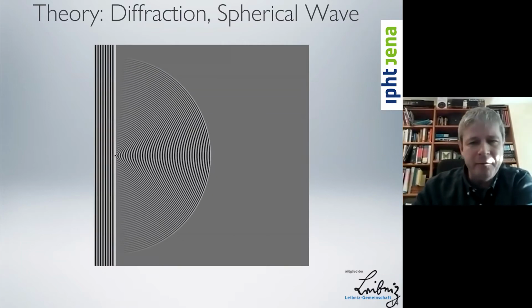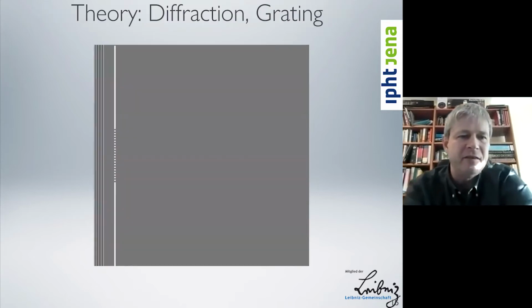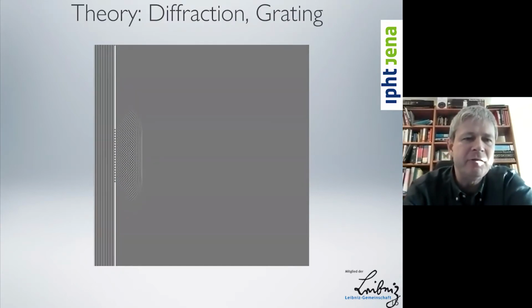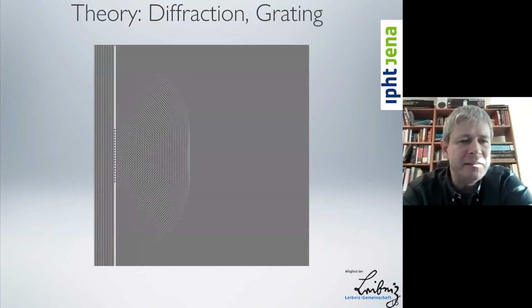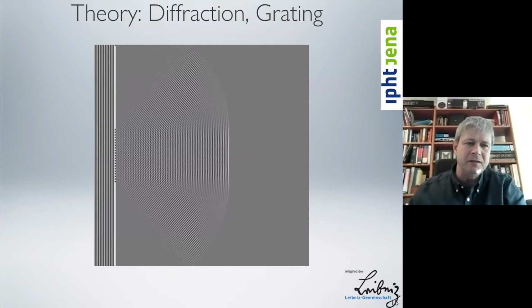And now what Ernst Abbe realized is that if you have not only one such pinhole, but instead have an object that has a very periodic nature, then you get these interesting phenomena of diffraction or diffractive orders.